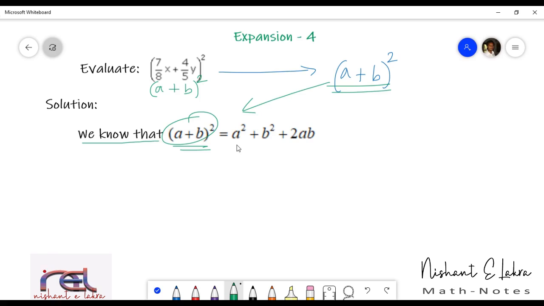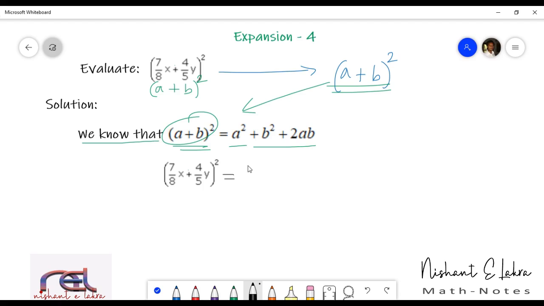So (a + b) whole square is equal to a square plus b square plus 2ab. On solving further, we will write down the question (7/8 x + 4/5 y) whole square, that is (a + b) whole square equals a square.